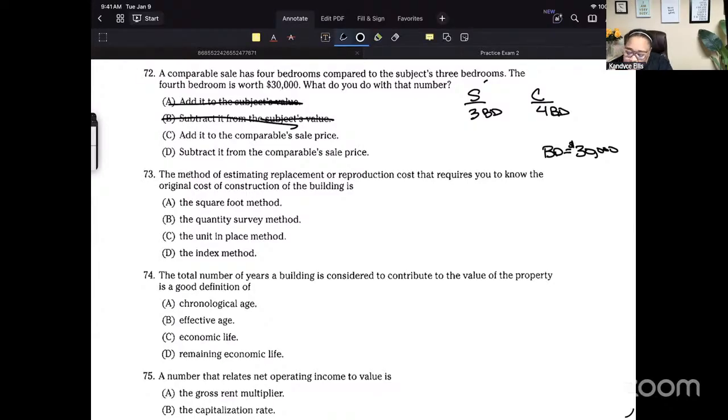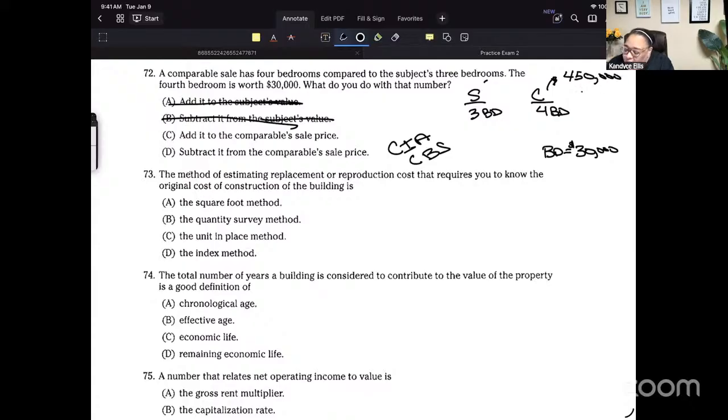Now, when it comes to this, I like to teach CIA, CBS. If the comp is inferior, you're going to add value to the comp sales price. And if the comp is better, you're going to subtract value. Because think about it. Let's say this comp sold for $450,000.